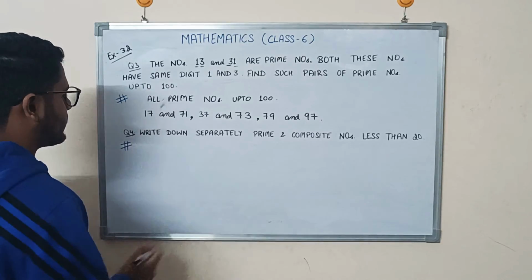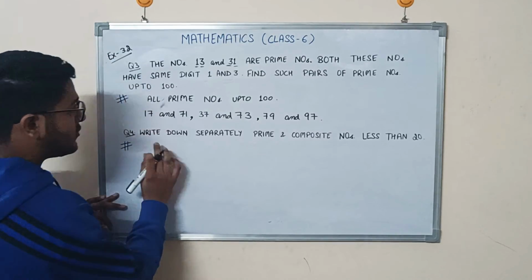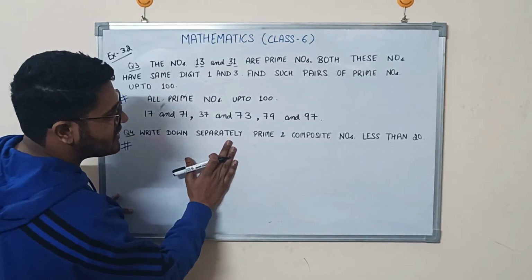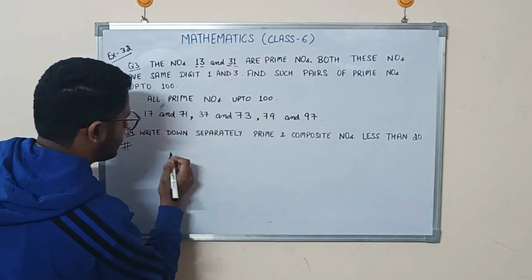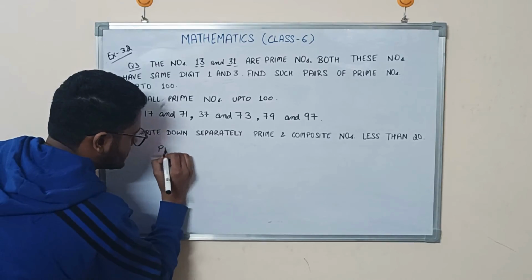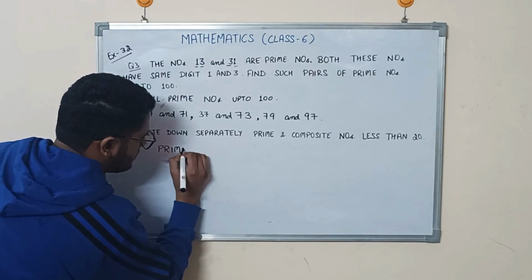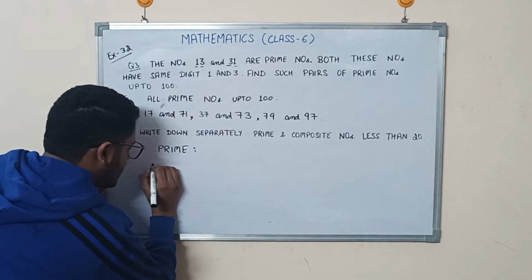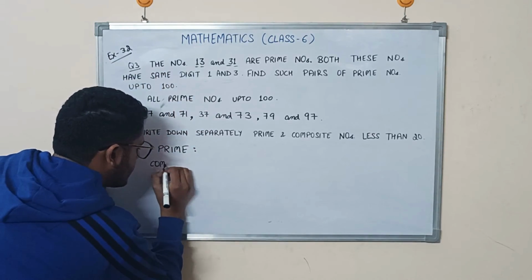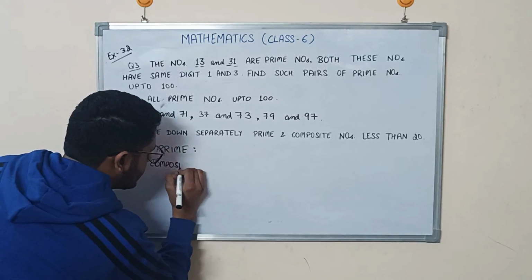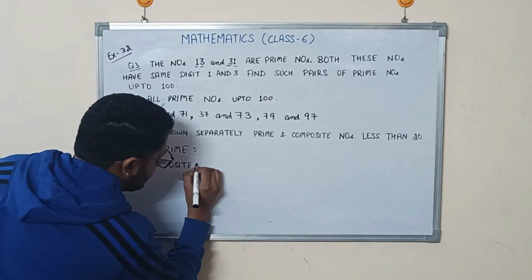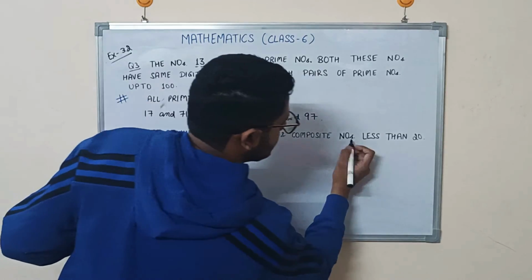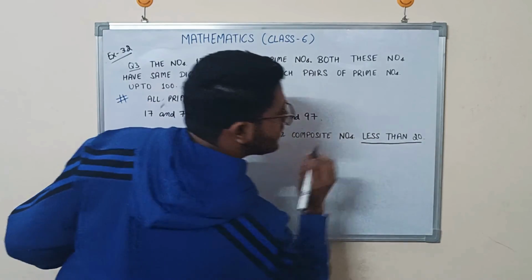So here we have to write down separately all the prime and composite numbers. First of all, we will put prime. Here we will put all the prime numbers, right? Second will be composite.